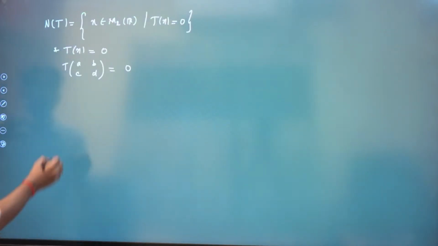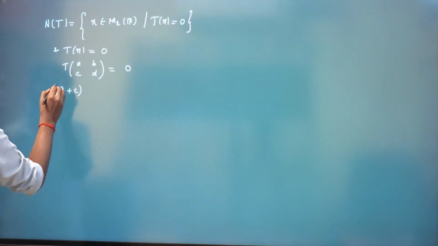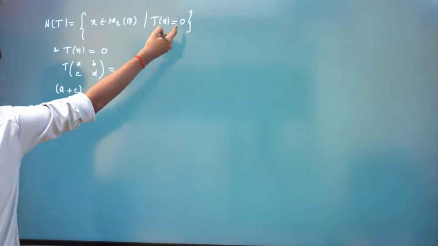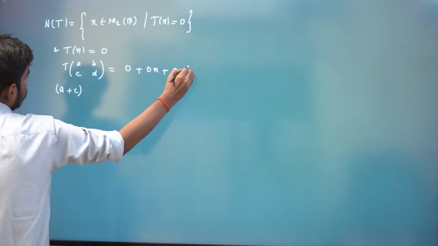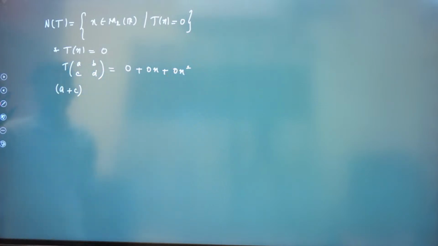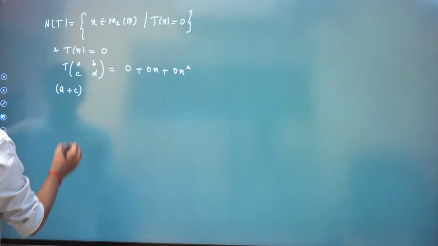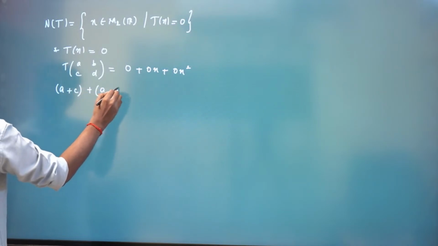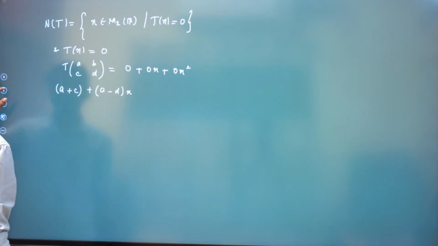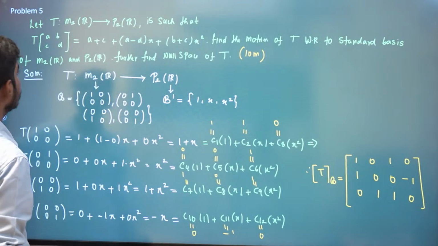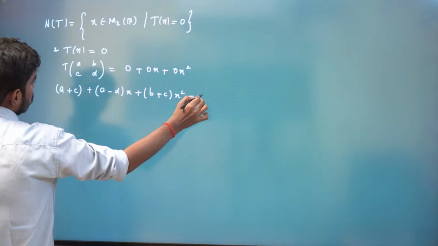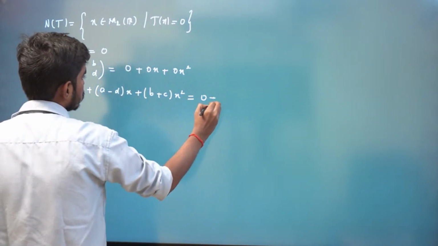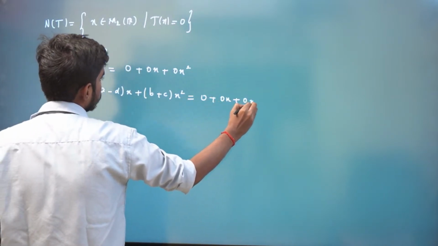A plus c into 1, plus a minus d into x, plus b plus c into x square, is equal to the zero vector of P2 of R, which is 0 plus 0x plus 0x square.